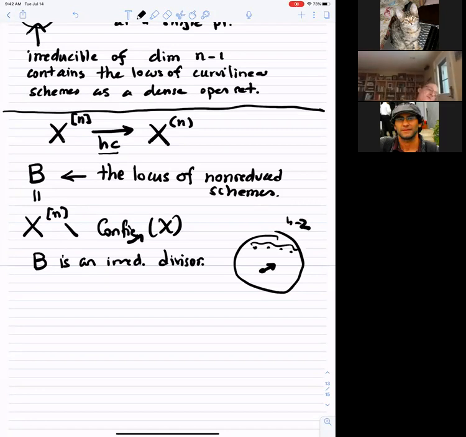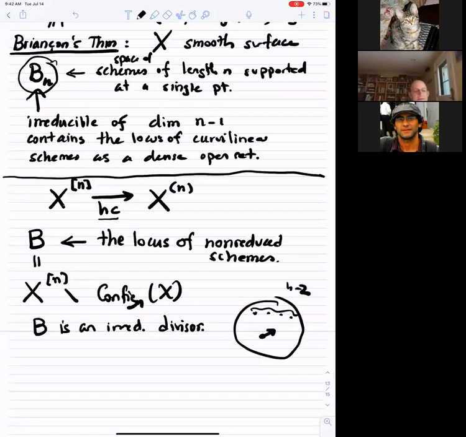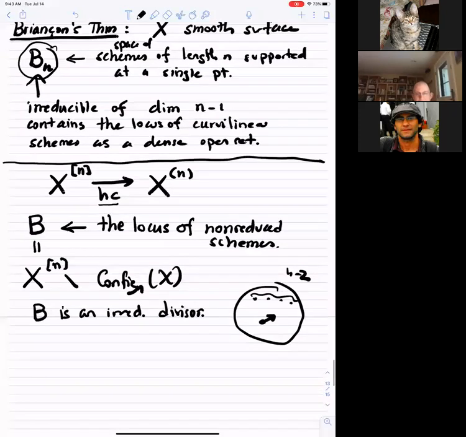The way you show that this is irreducible is that, because of Briançon's theorem, there isn't enough space to make too many of the points collide and get enough extra dimension to add more components. Because you know these Briançon schemes are irreducible, and that they're in the closure of these curvilinear schemes, you can tell that B is an irreducible divisor, okay?